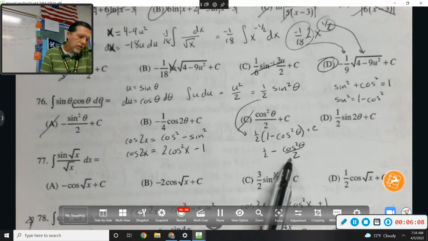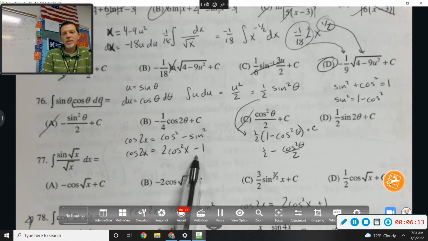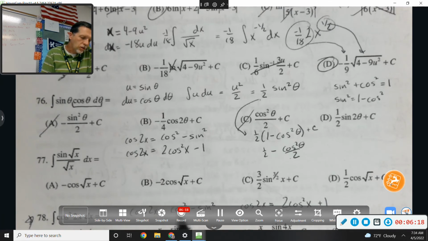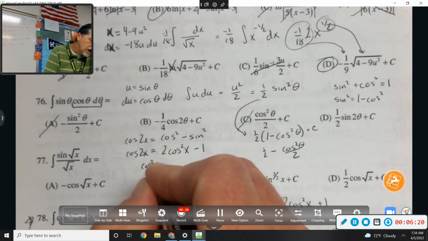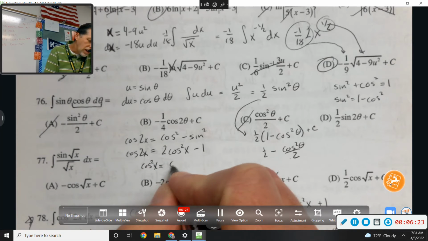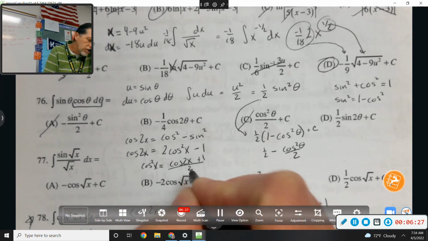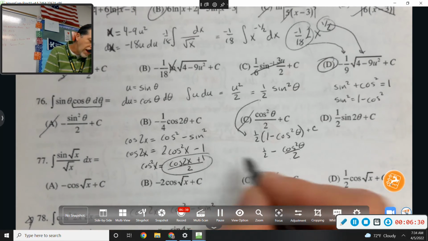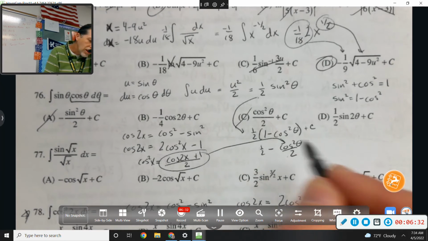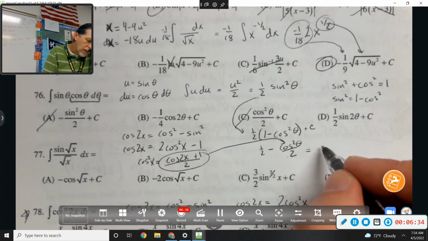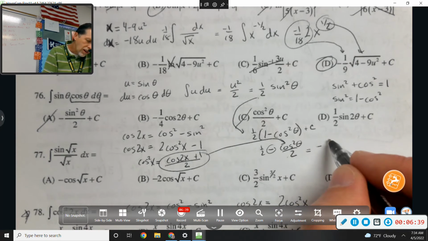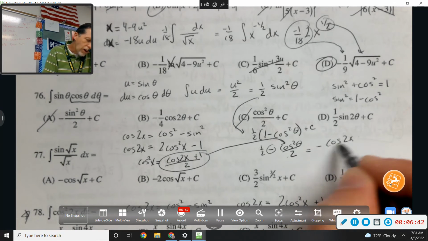I can replace cosine squared with cosine 2x over 2. I don't care about the 1 because that's going to go away with the plus c. So the 1 stuff's not going to matter. But cosine squared then is equal to cosine 2x plus 1 all over 2. So if I put all of that in for cosine squared, I end up with negative cosine 2x over 4.